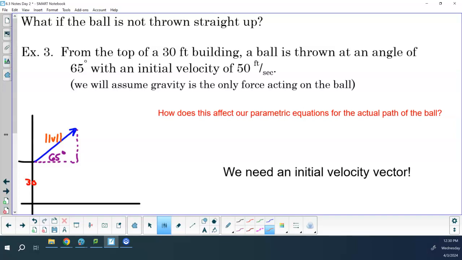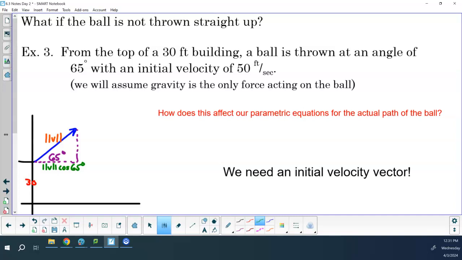It's going to be the cosine of 65 over there. That's going to be the vector magnitude times the cosine of 65. That's going to be my horizontal component of that.